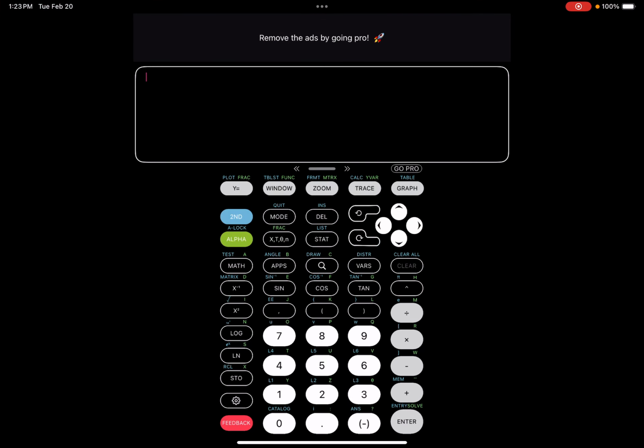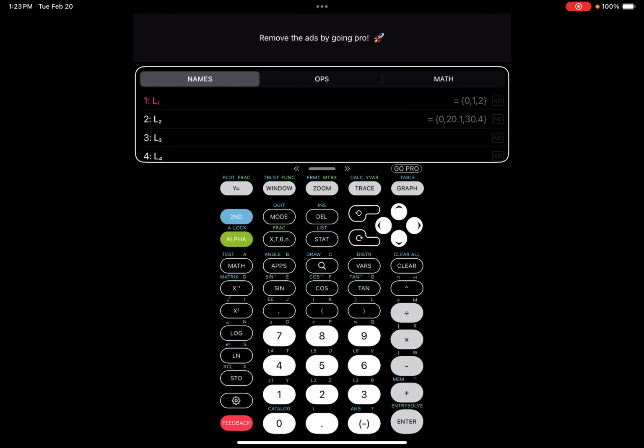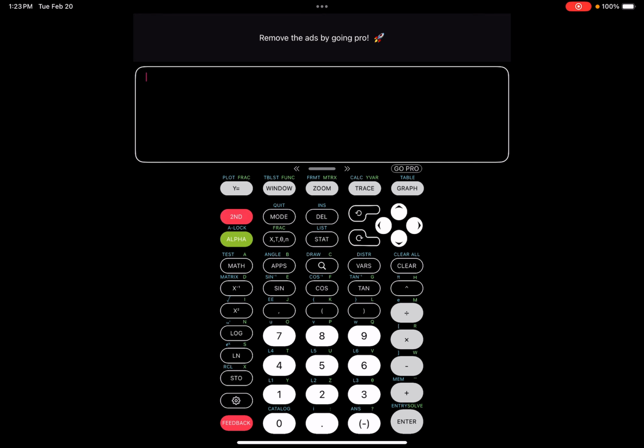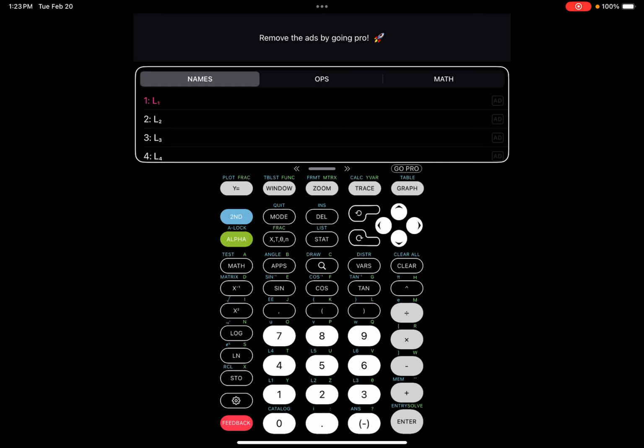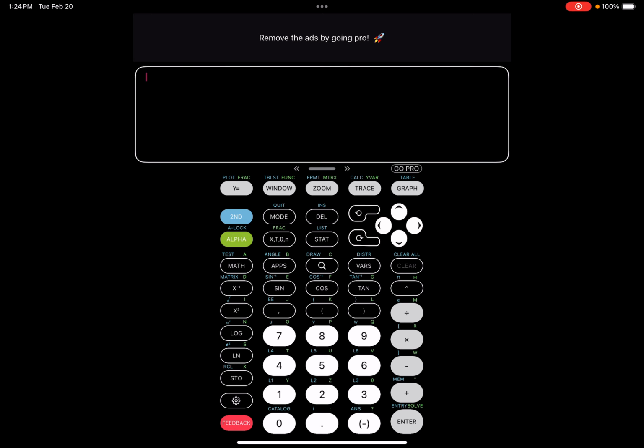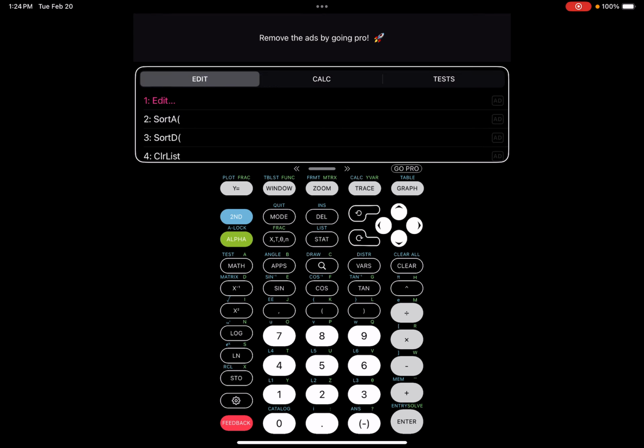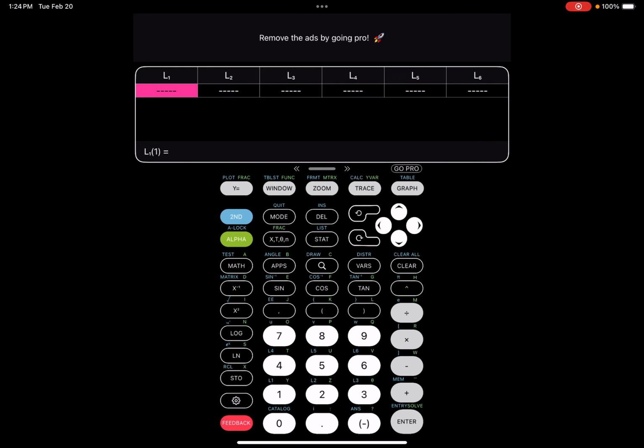And remember, you go to stat, not second stat, to type into the list. Let me go ahead and clear my calculator. Stat, edit, L1. And then just type in my charts.